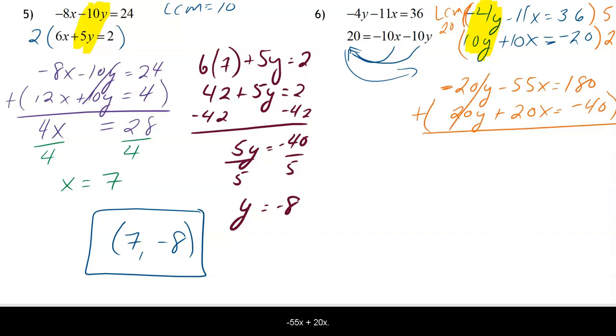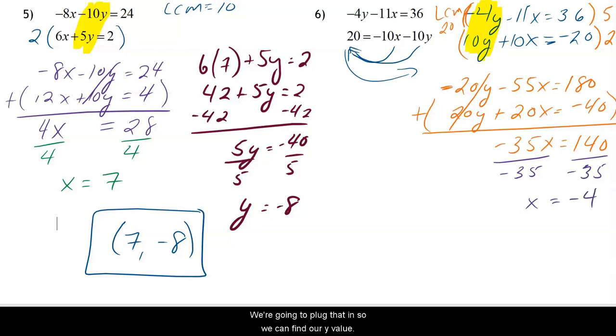Negative 55x plus 20x, negative 35x. 180 plus negative 40, 140. Divide both sides by negative 35. And 140 divided by negative 35 would be negative 4.